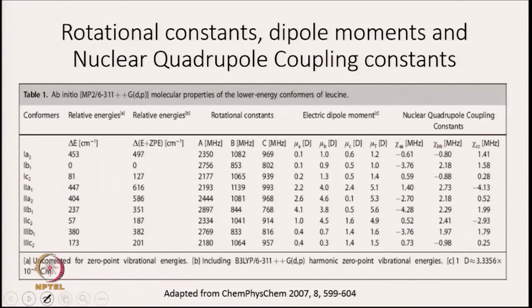For these 9 lowest energy conformations, they calculated rotational spectra, rotational constants A, B, C, electric dipole moment, and nuclear quadrupole coupling. So, these are all theoretical calculations.